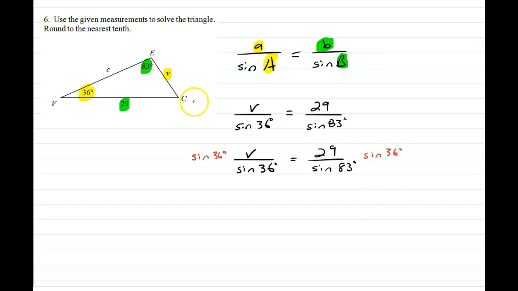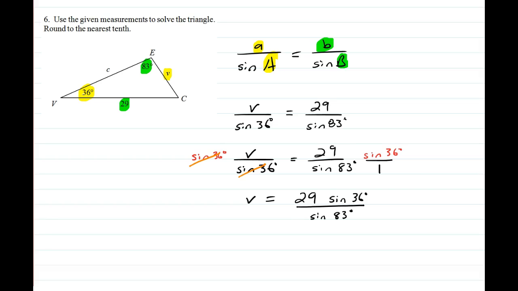So what happens is that this and this cancel out, so I am left with v equals this expression. So on my calculator, since this is over 1, I'm going to plug in 29 sine of 36 degrees all over the sine of 83 degrees.